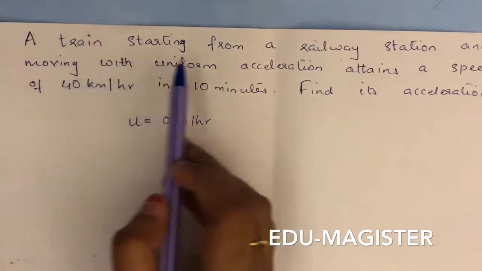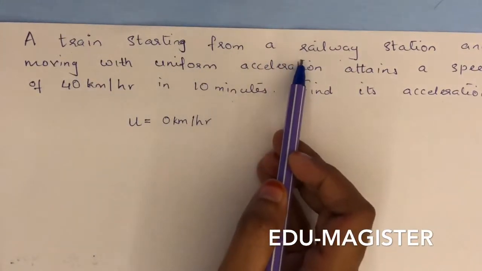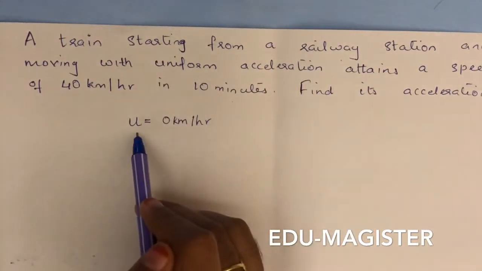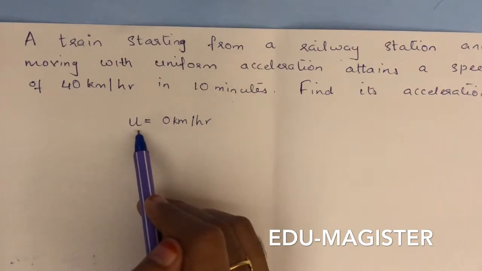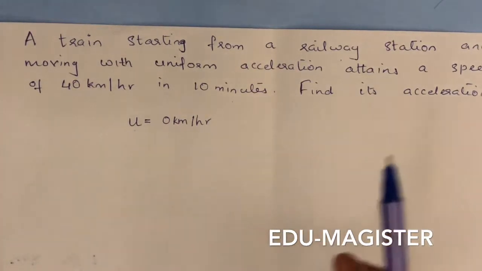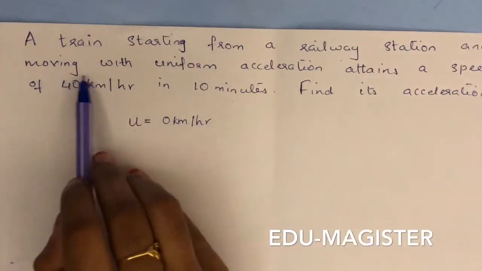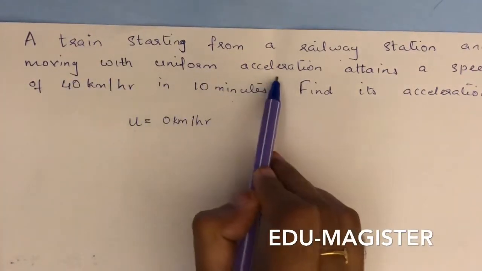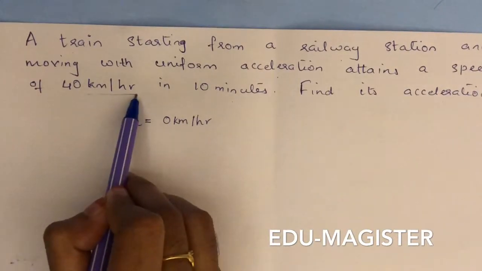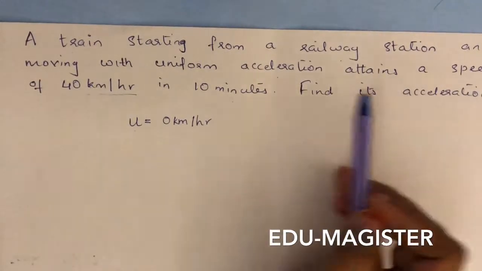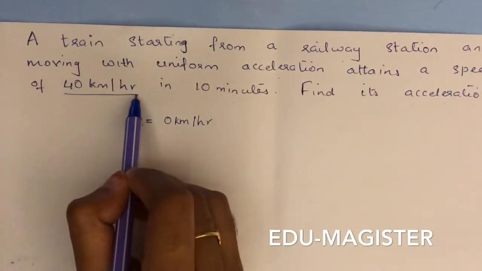Since the train is starting from railway station, we can say that the train was initially at rest. So initial velocity or initial speed is 0. Now after that, the train is moving with uniform acceleration and attains a speed of 40 kilometers per hour. So here the speed of the train is given to be 40 kilometers per hour.